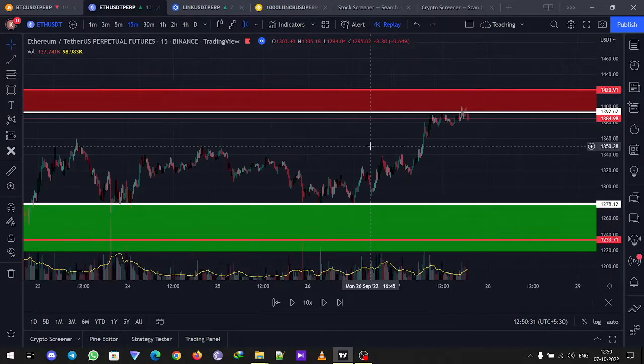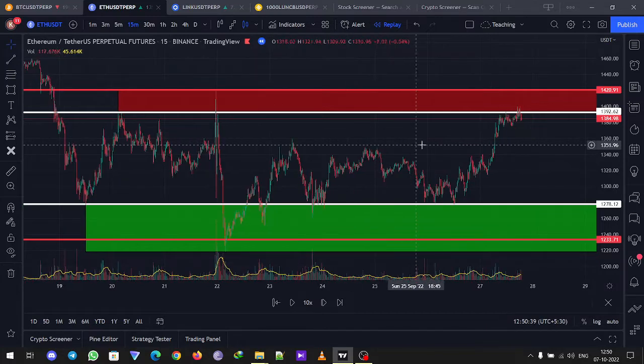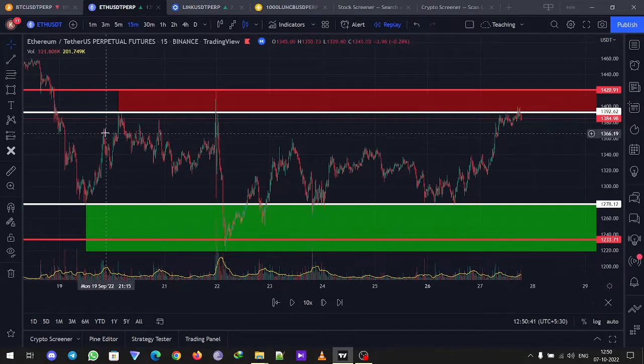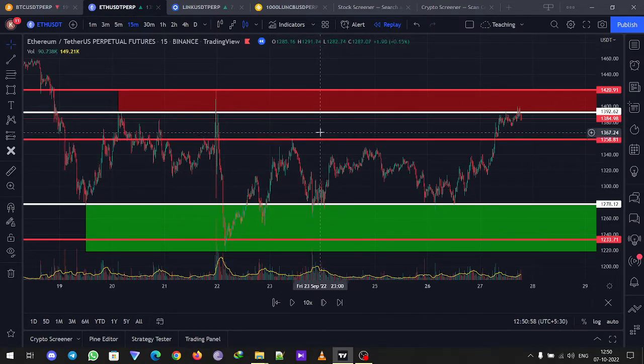So let us identify the important levels for booking our partial profits in a short trade. We see that these levels which we identified earlier are there, but the market has also formed some new levels too. So we will place our first important level here.